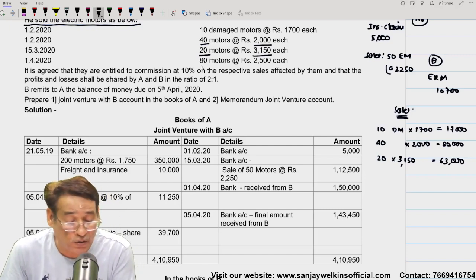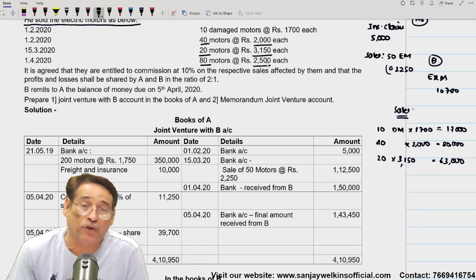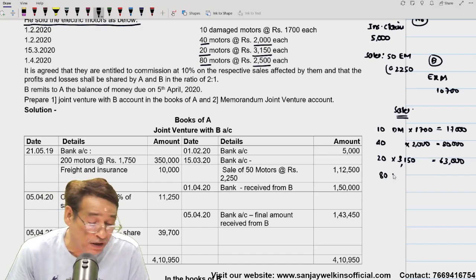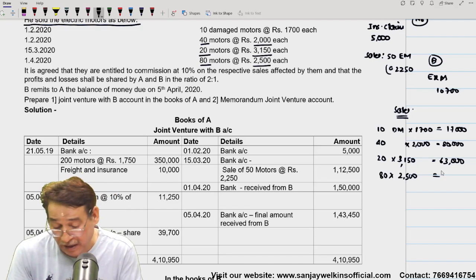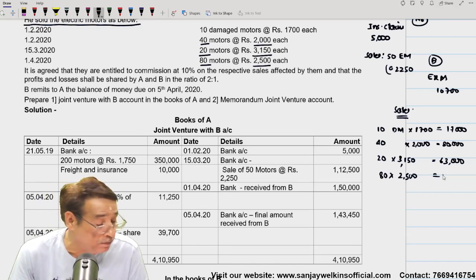And then he sold 80 motors at the rate of 2,500 each. So 80 into 2,500, that will be equal to how much? That is 2 lakhs.